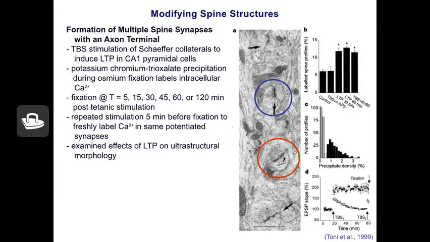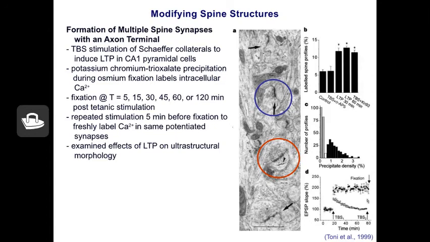However, they relabeled the same spines with a second round of theta burst stimulation and were then able to visually identify which spines in the section had been originally potentiated. What they were actually looking for was visible changes in the structure of the spines through the electron microscope.